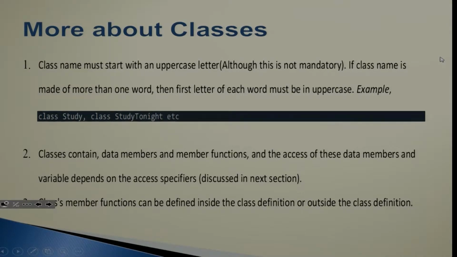The second rule says a class contains data members and member functions, and the access to data members and variables depends on the access specifiers. We'll discuss it along the way. Then it says class member functions can be defined inside the class definition or outside of the class definition.